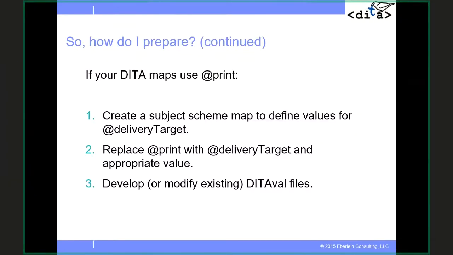And then in your source, replace the print attribute with a delivery target attribute set to the appropriate value. And of course, develop or modify your existing DITA files to handle the conditional processing appropriately.